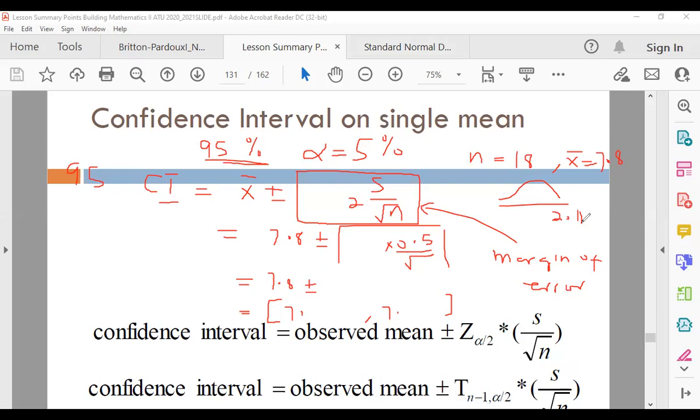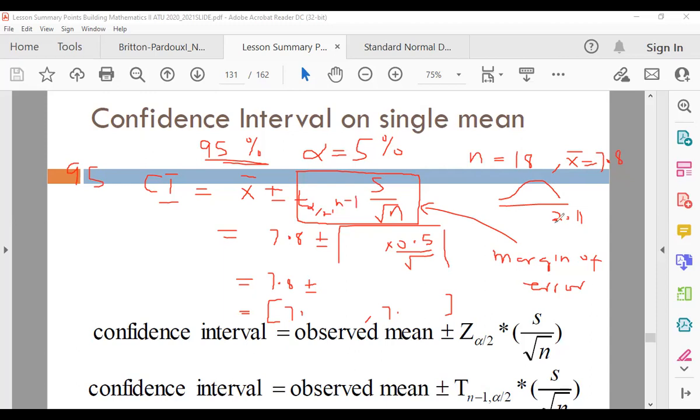Here too, we're reading T with alpha on 2 and n minus 1 degrees of freedom. That is the formula.